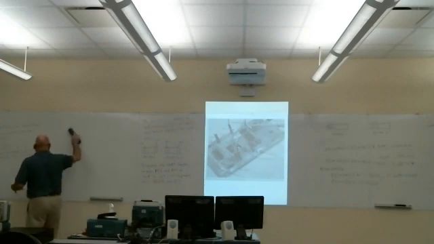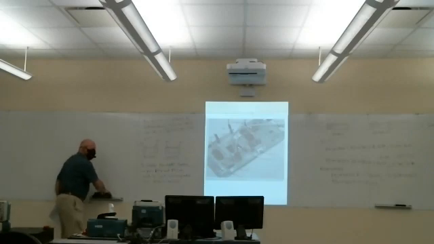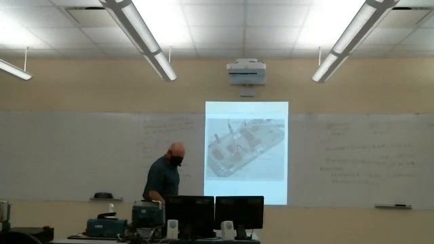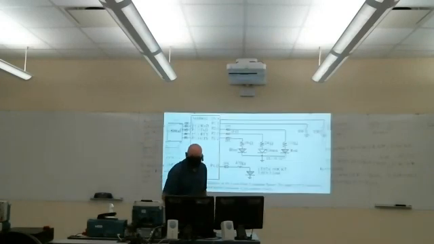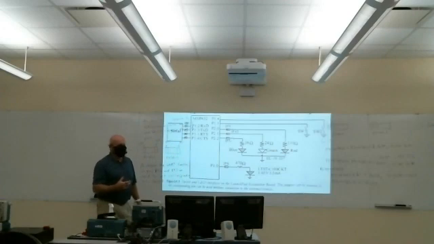But in order to use those switches, or even turn the LEDs on, you have to know what port pins they're connected to, right? So again, this is a diagram out of the book.